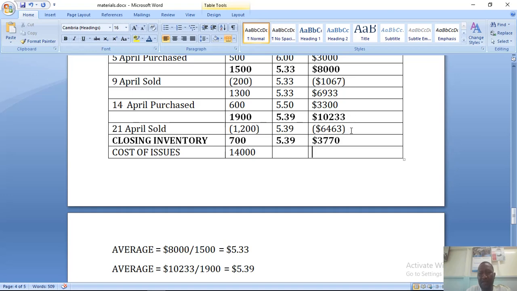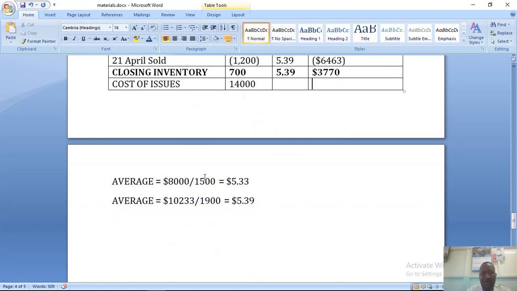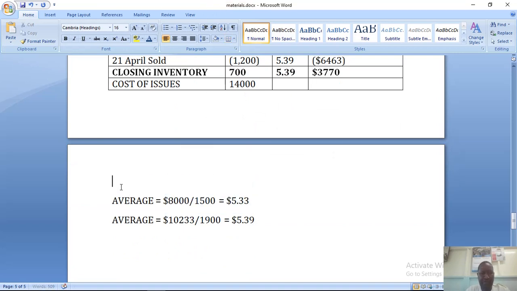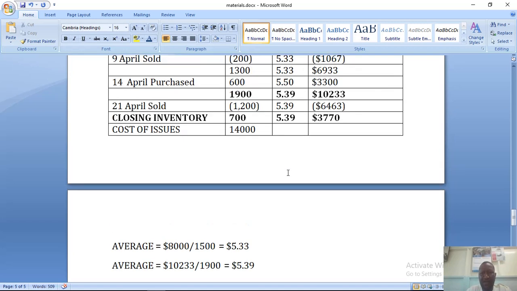1,067 plus 6,463. So just adding those figures, we can use that space to work out the sum of those figures. So we have 1,067 plus the other issue costed 6,463.